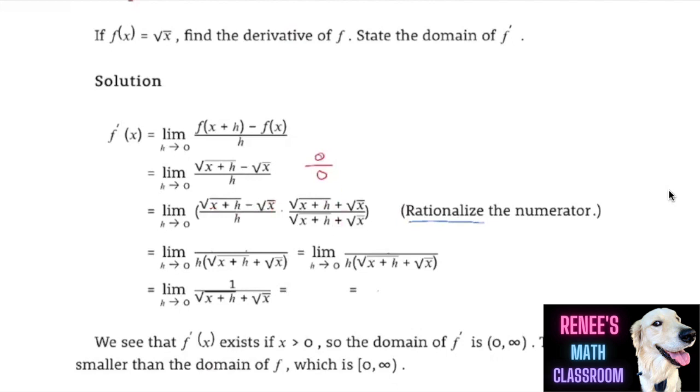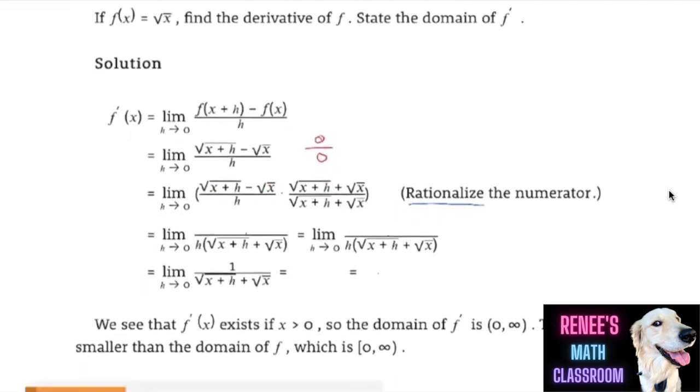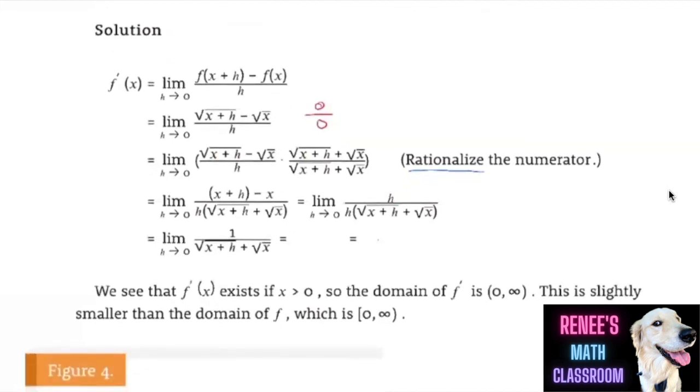Now, when we do that, in the numerator we're going to get x plus h minus x, which simplifies to just h. Now, this h and this h are going to be divided out, giving you 1 in the numerator and this in the denominator.